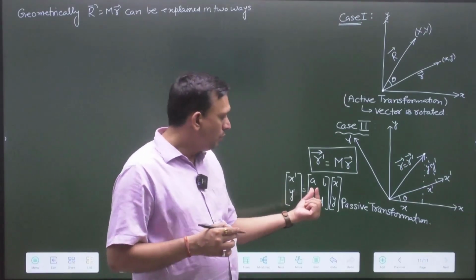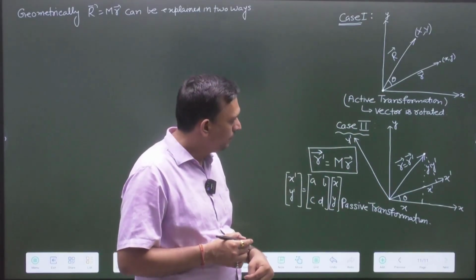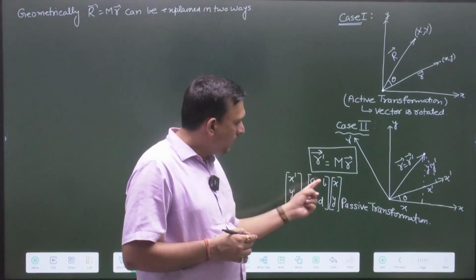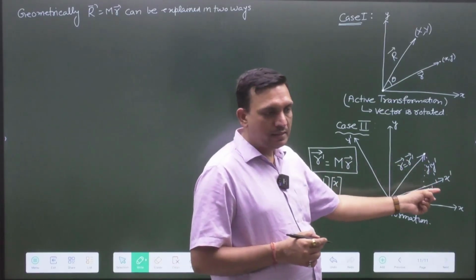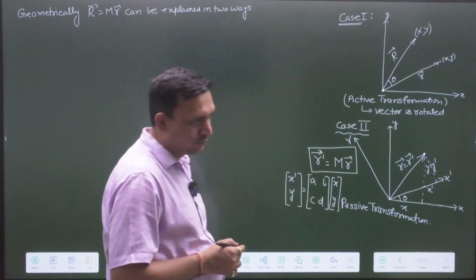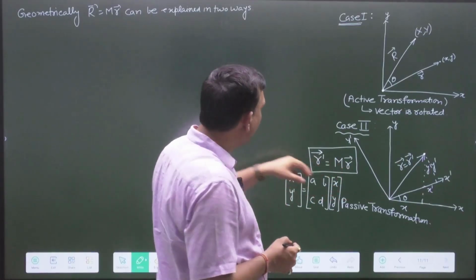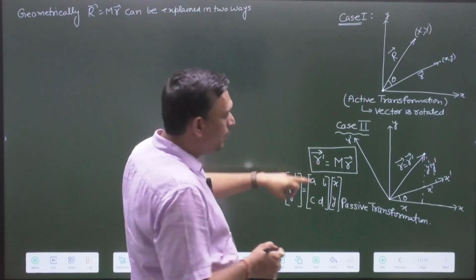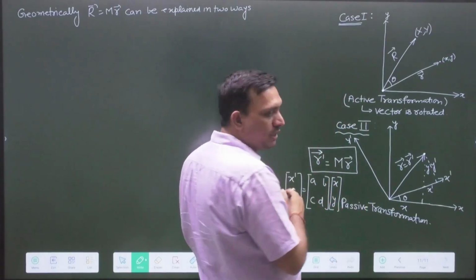So if you know the component in the XY plane, and you operate this matrix M, you will get the component with respect to the X dash Y dash system. R dash is equal to MR. Now instead of capital R, I am taking R dash. So now you have two sets of coordinate axes. The same equation can be visualized in this form also.